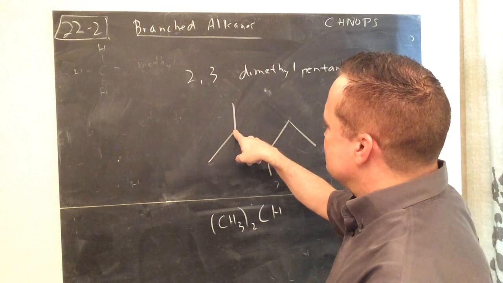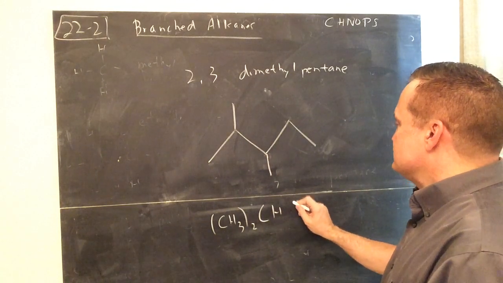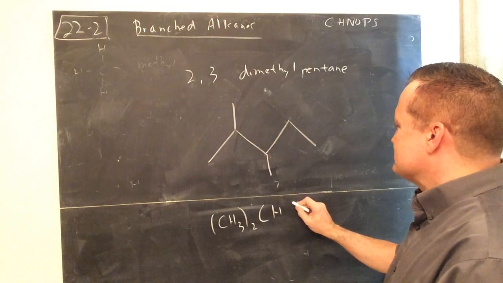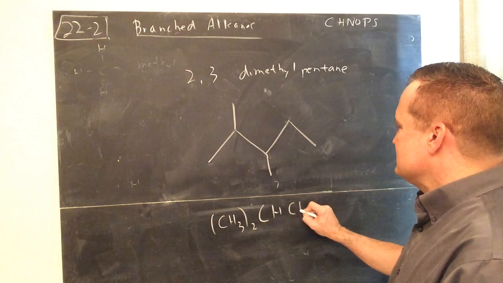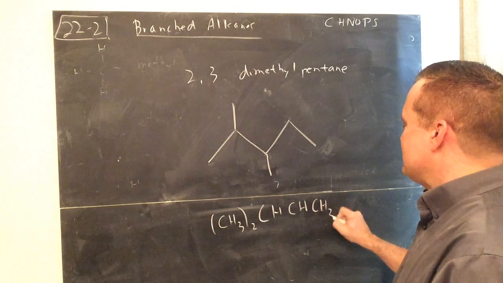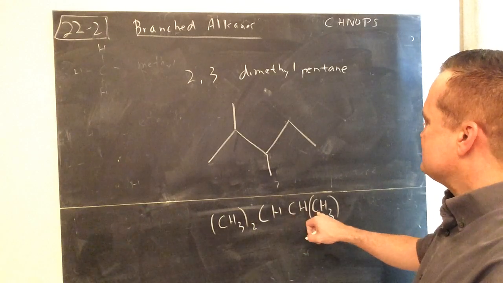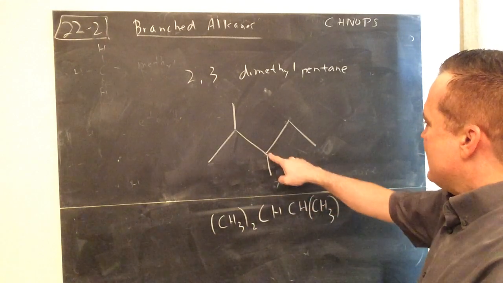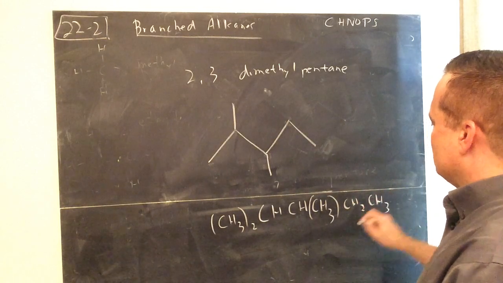CH3 attached to CH. Then goes another CH here with the CH3 on it. CH3. I don't even know how I would do this. CH3. I guess I'll put a little thing like that. CH3. Yeah, that would do it. And then CH2, CH3. I don't think you're going to have to worry about this.